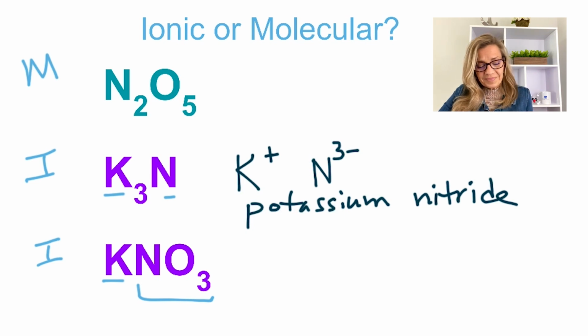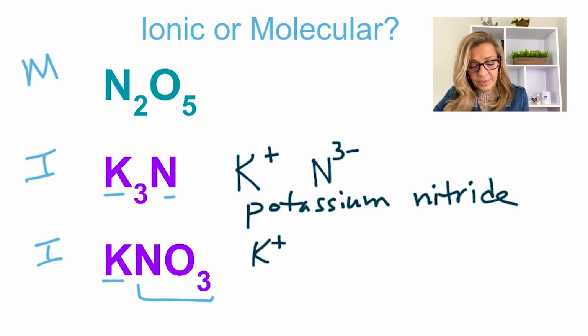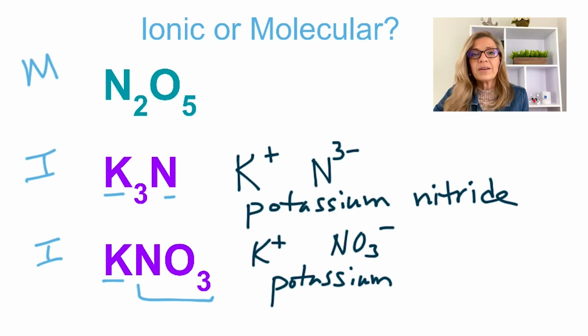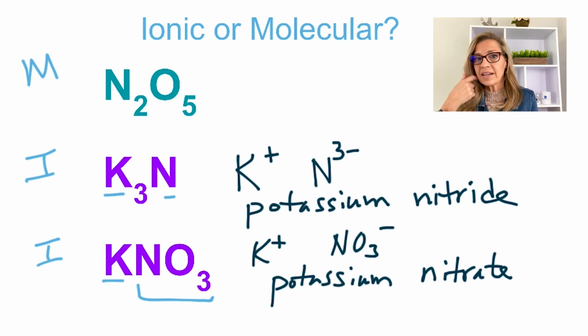Then the last one, again, is made with the K+ ion, and that would be potassium, of course. And then the nitrate is the NO3 with a -1 charge, so that is potassium nitrate. So as long as you recognize the ions and know their names, it's pretty straightforward. Cation, anion, done. Don't tell how many.